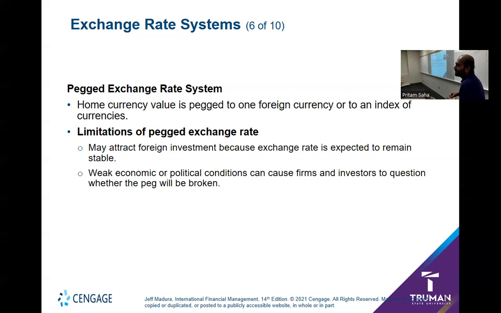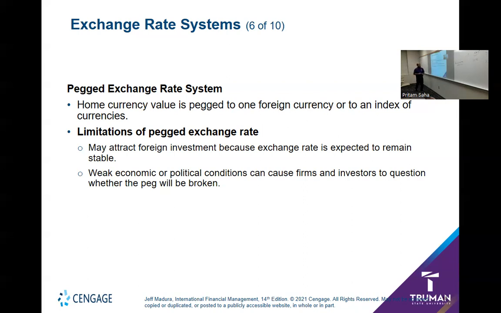They may not be willing to go for risk management strategies like buying options, forward contracts, future contracts. If a country is pegging its currency with a developed currency, it may minimize volatility and attract foreign investments. That's the benefit, that's the motivation why any country wants to go for pegging.